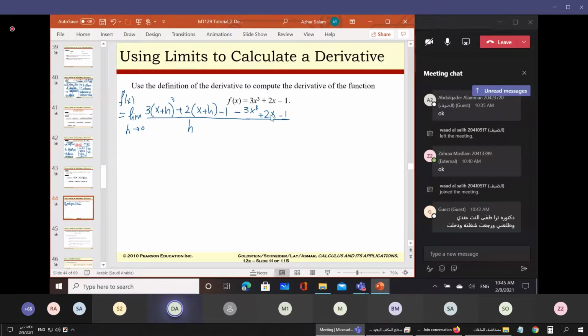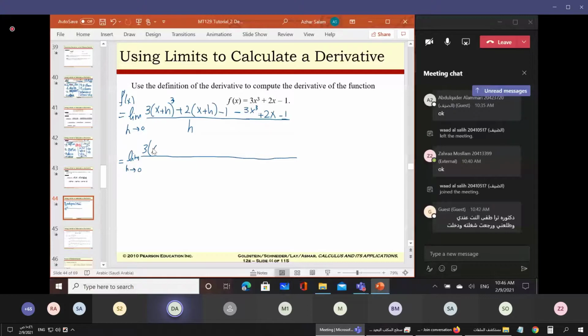Okay, now I simplify. So I have to get rid of these brackets. I will write the formula of the cube. Here equals the limit when h approaches 0 of, here I will have 3, now I take the power 3 for this value.